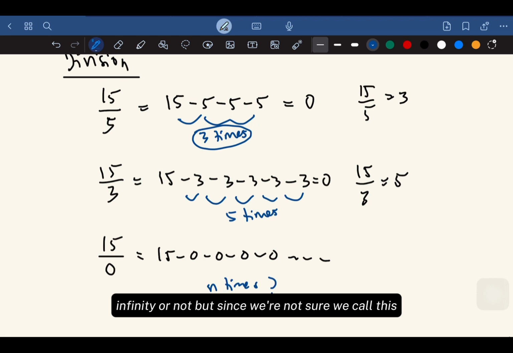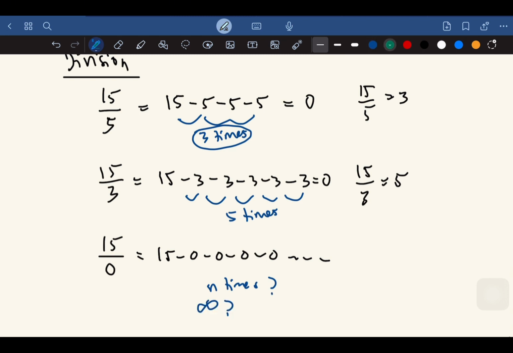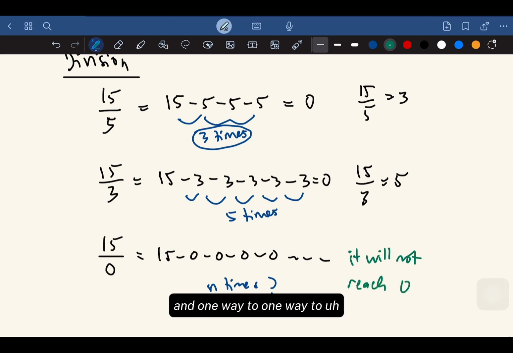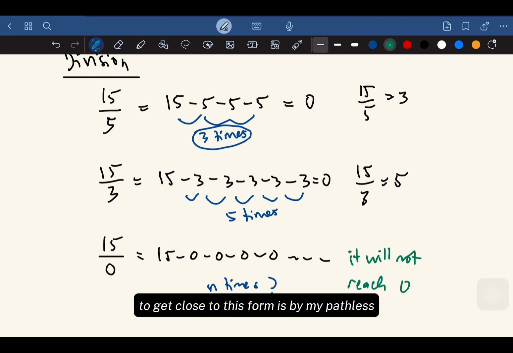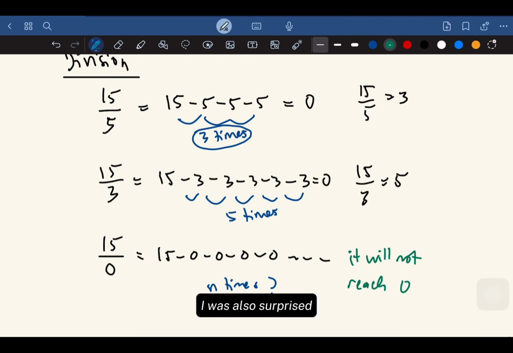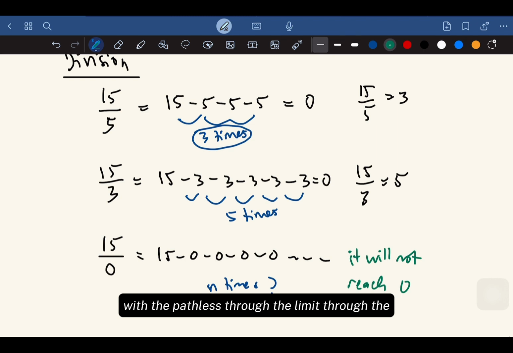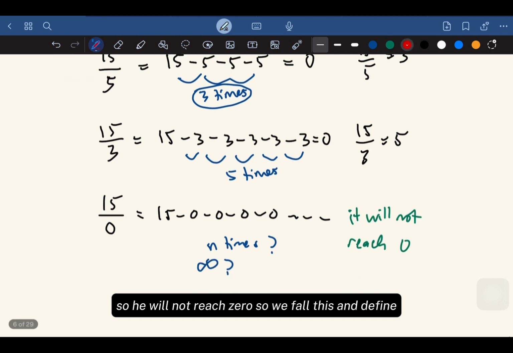Since we're not sure, we call this undefined. It will not reach 0. One way to get close to this form is by calculus, through the limit. You'll learn in calculus class about limits. So it will not reach 0, so we call this undefined.